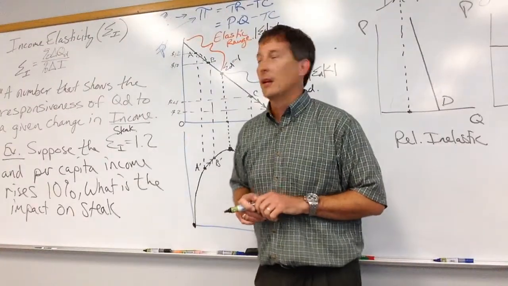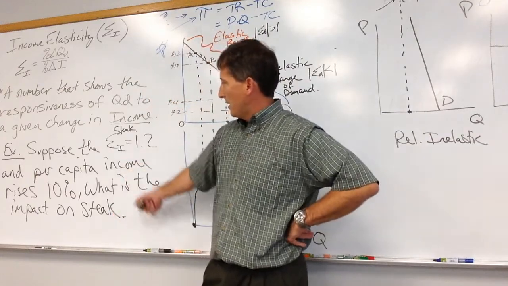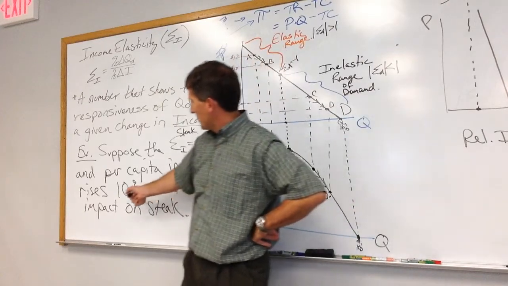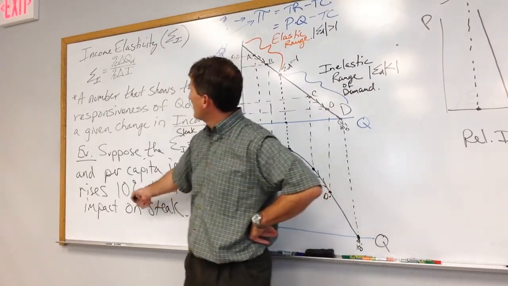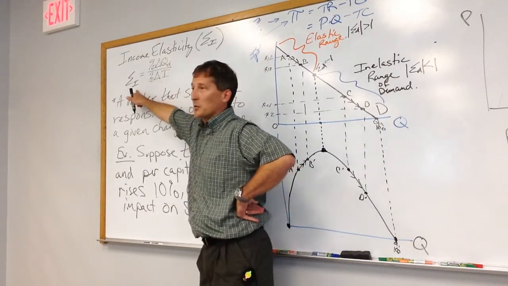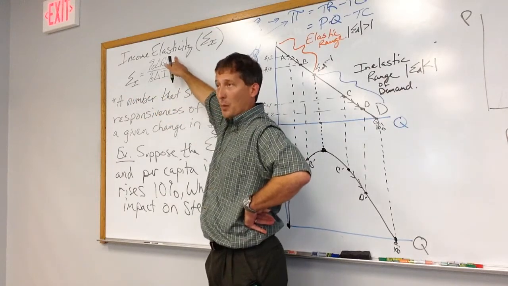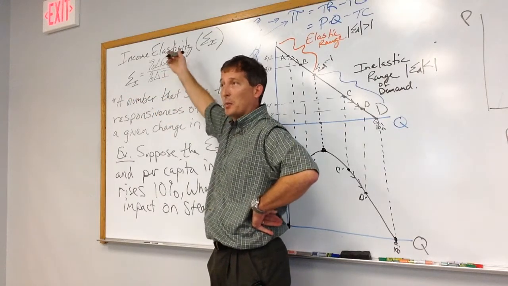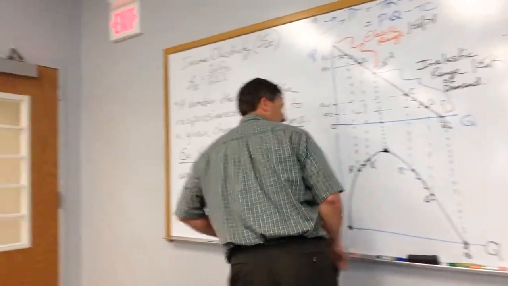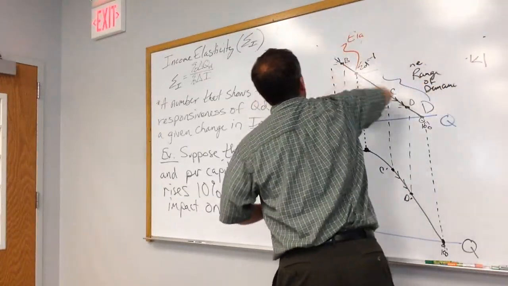12%, right? So, we're going to use that same trick we did before. I kind of chose the numbers to be fairly easy here in terms of the 10. We got income rising by 10%. We got a 10% down here. This equals 1.2. So what does this number need to be? 12. 12 divided by 10 equals 1.2. So if we're going to solve it a little more formally, we'd put the math together with it.